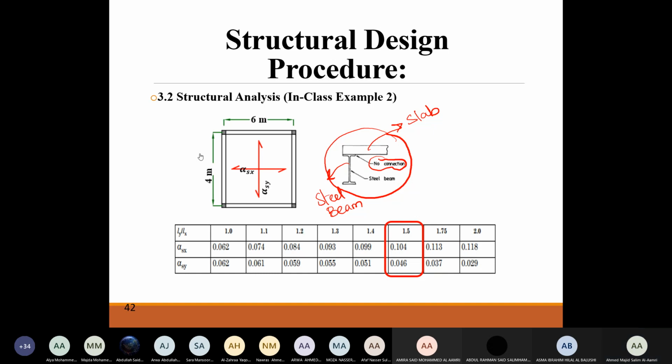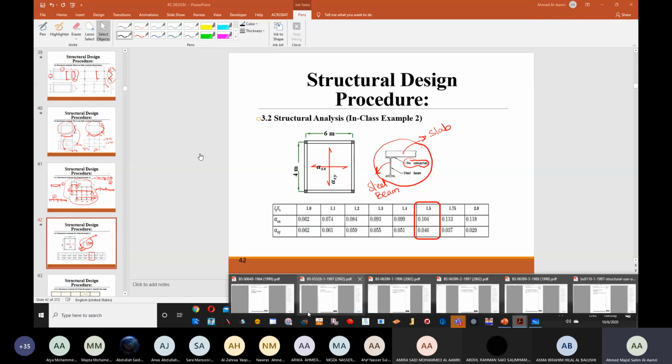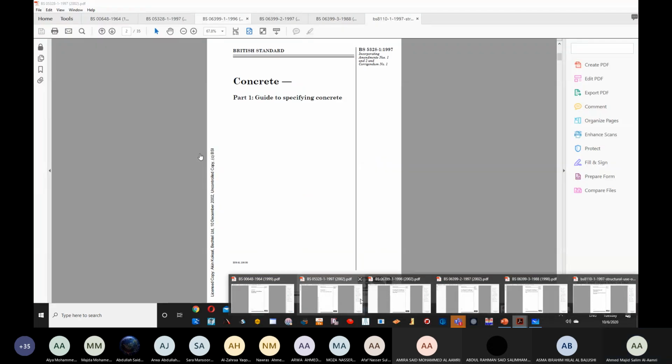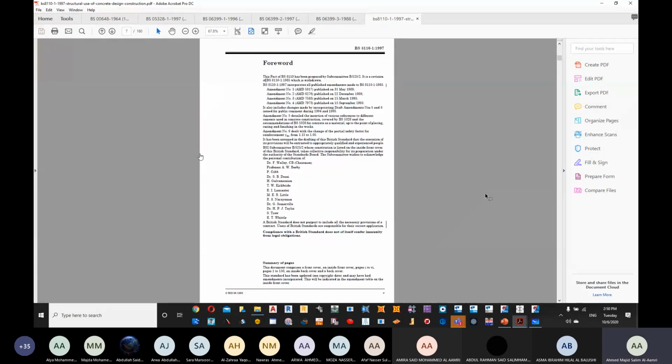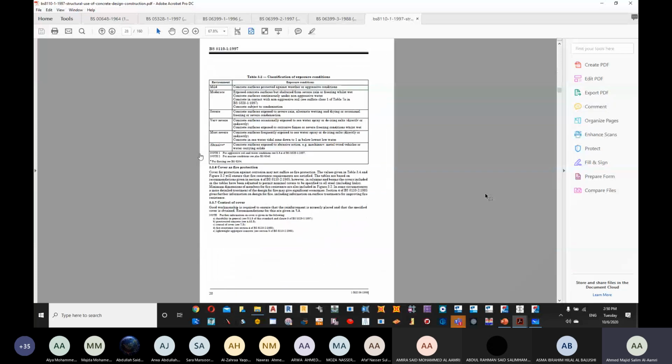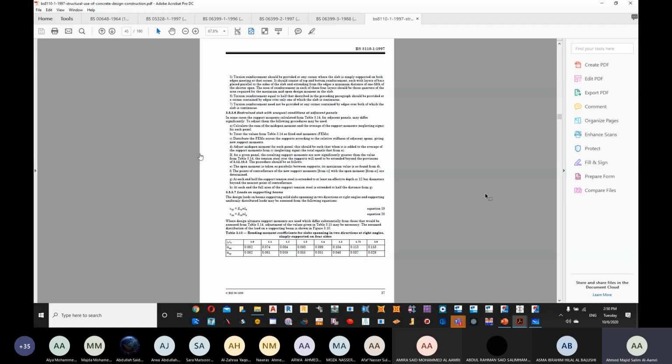Now, when it comes to the BS code, of course, I have already uploaded your codes in the Teams. There are a few codes that you need to go and try to use. These are the ones we are going to use. Anyhow, the BS code, when it comes to two-way slab, has divided it into two categories.